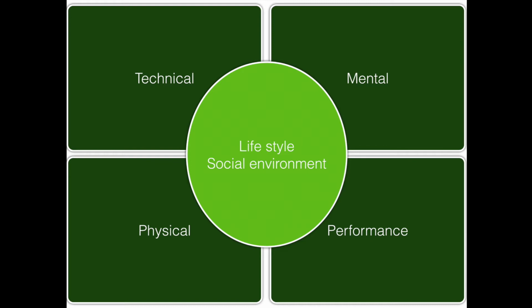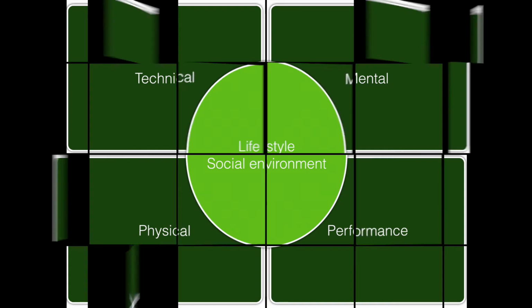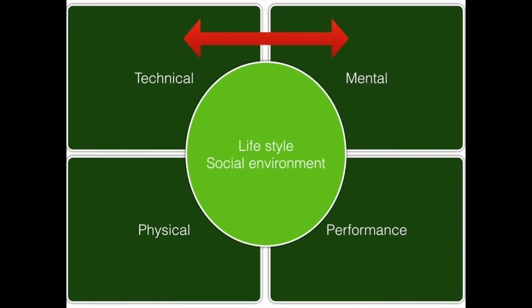As well as interactions with the social environment, each component also interacts with one another to enable peak performance. We can see here that evolutions in your mental game can lead to evolutions in your technique.